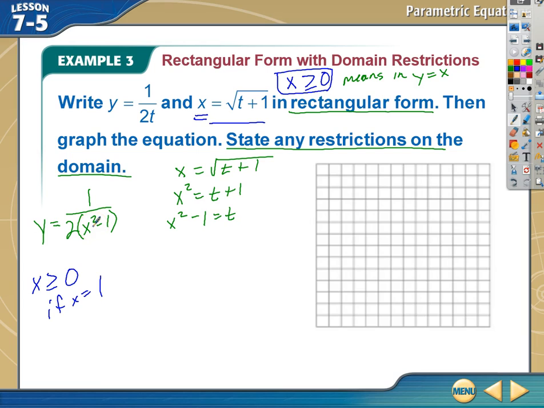Oh no, I get a 0 on the bottom, and I don't want that. So my new domain is not only that x has to be greater than 0, but x cannot equal 1. If x equals 1, we're in bad shape. So there's my restrictions on my domain.